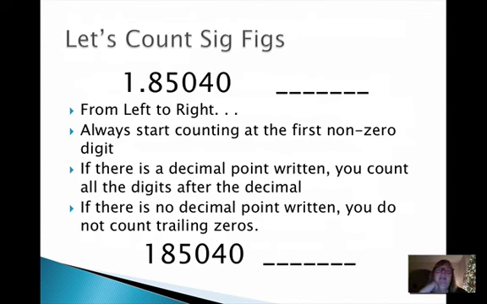So how many sig figs are in this top number? There would be 6 significant figures. Now look at this bottom number down here. It's the same set of numbers, however, there's no decimal point, so the magnitude is very different, and we will not be able to count that last 0 because there's no decimal point written. So there would only be 5 significant digits in that number.